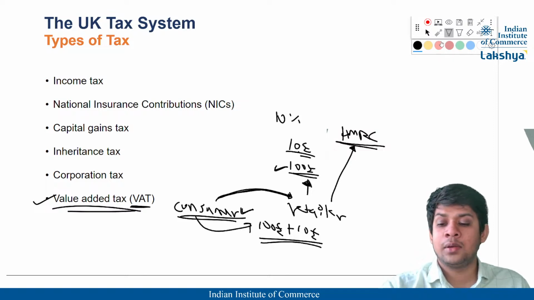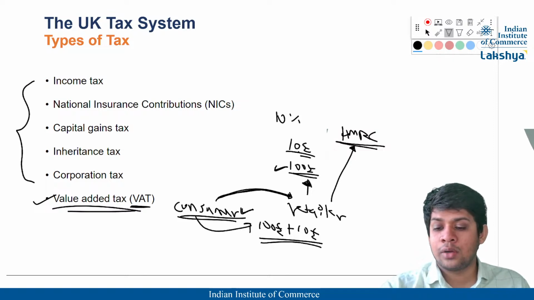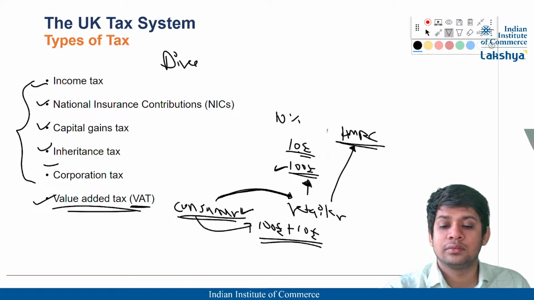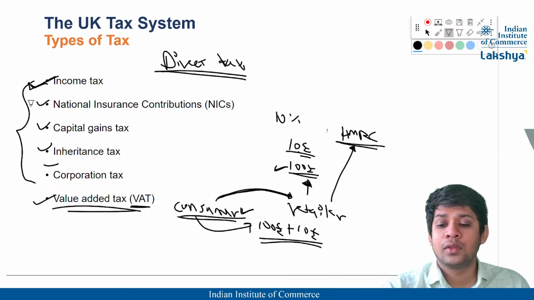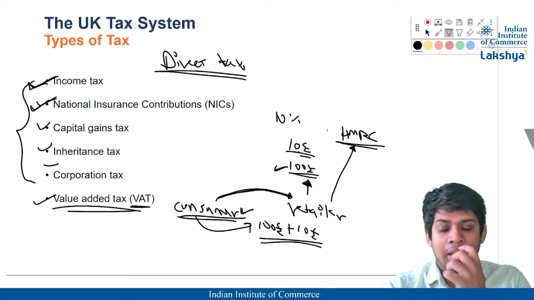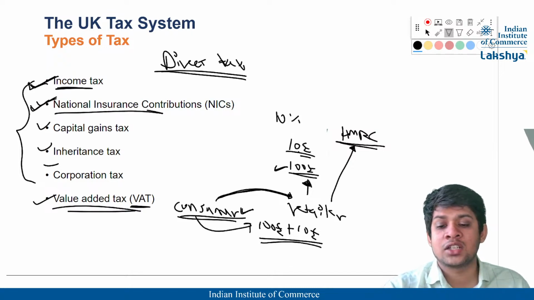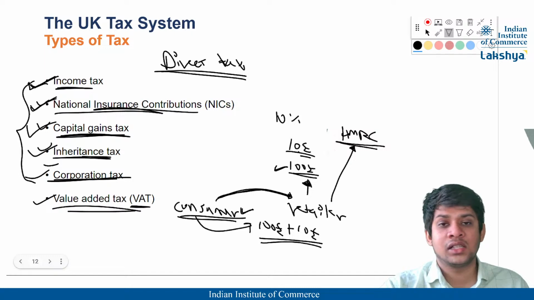Okay, always remember guys, all these that you saw from first to the fifth, all these are direct tax. That means I'm generating income. On that, I'm paying income tax, national insurance contributions, my capital gains, my inheritance tax, my corporation tax as a company.